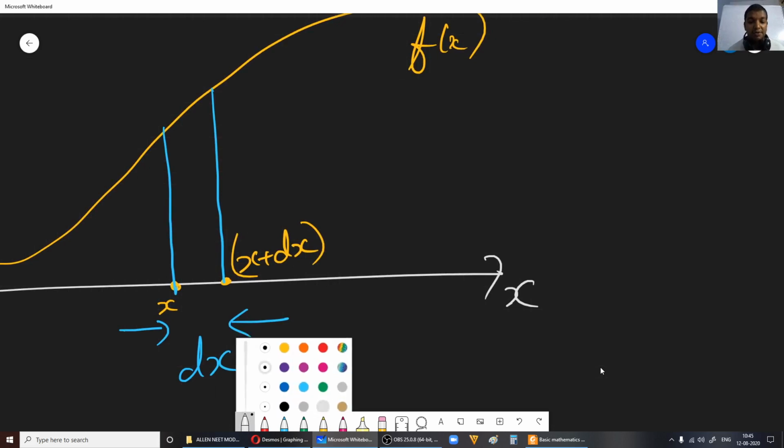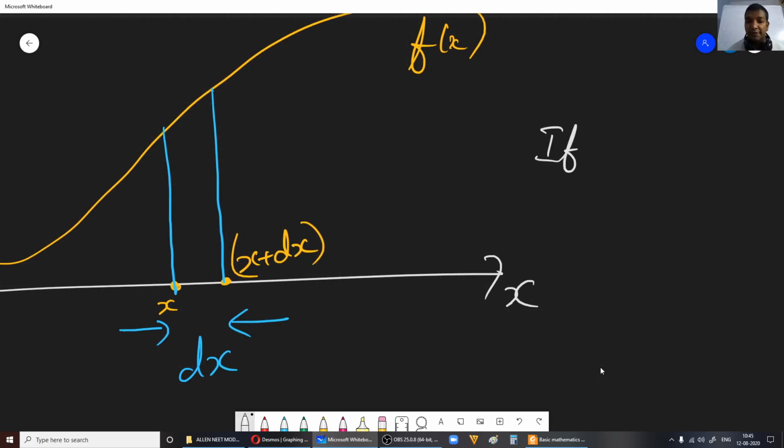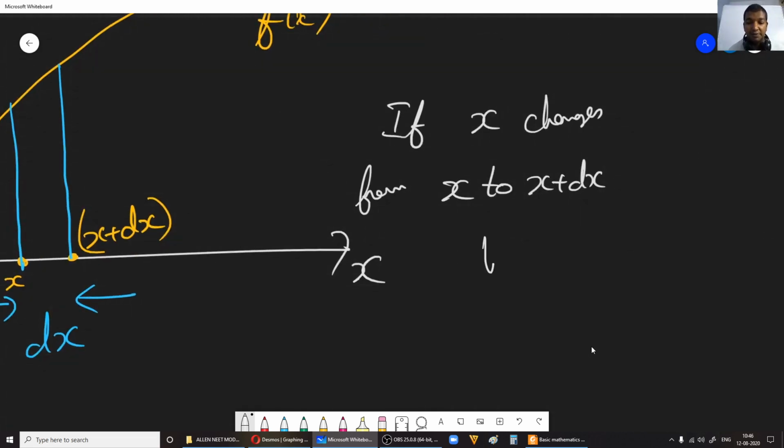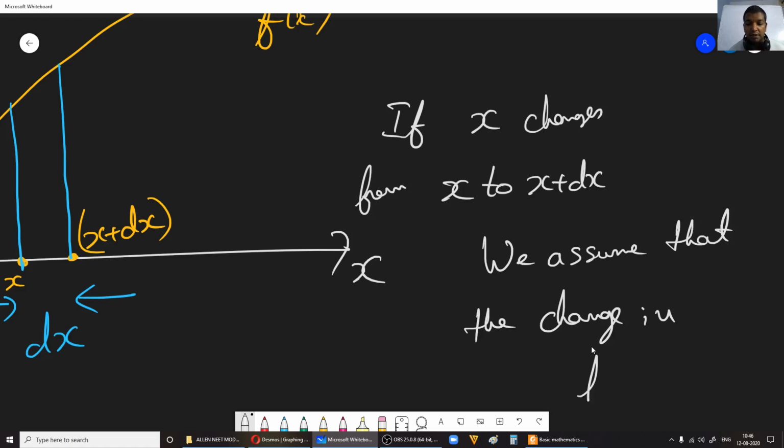Now if x changes from x to x plus dx, we assume that the change in f of x is negligible.